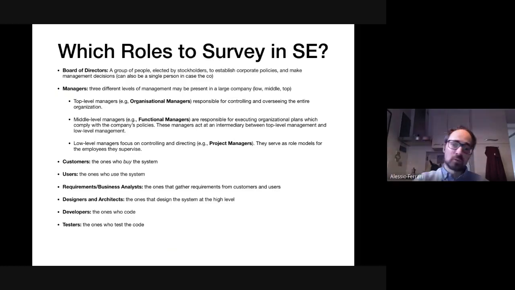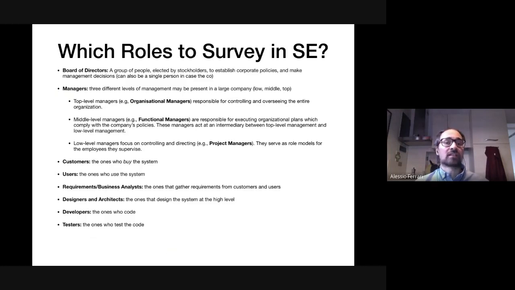I won't go through all the list of names, but you have to remember here that the vision of designers or developers may be very different from the one of the project manager or the functional manager or the organizational manager.